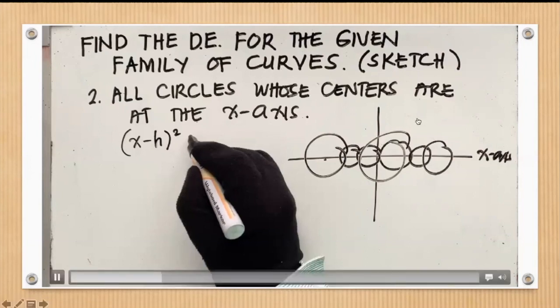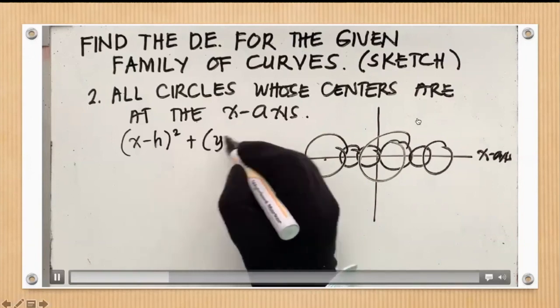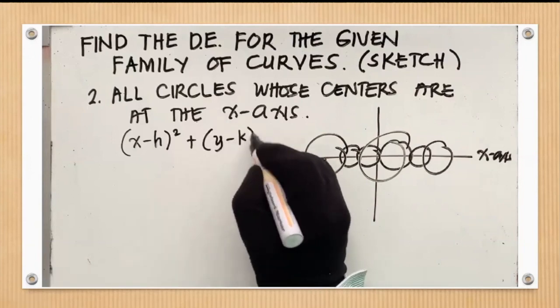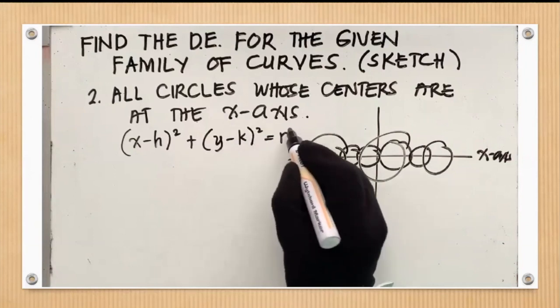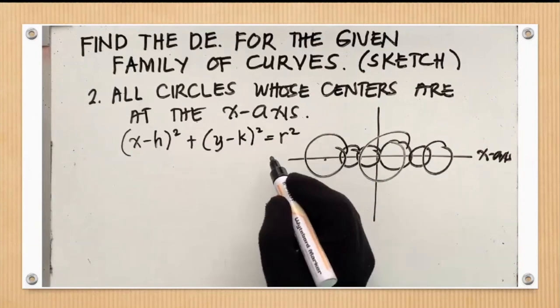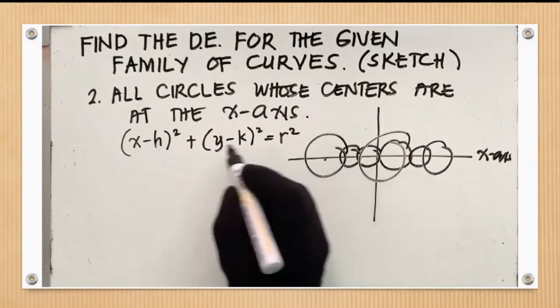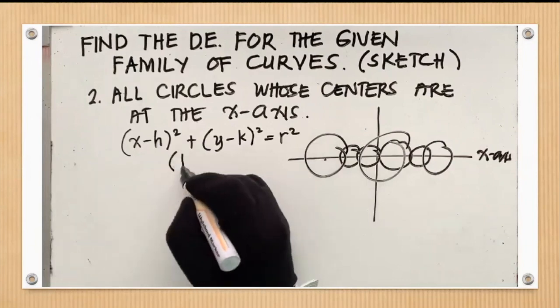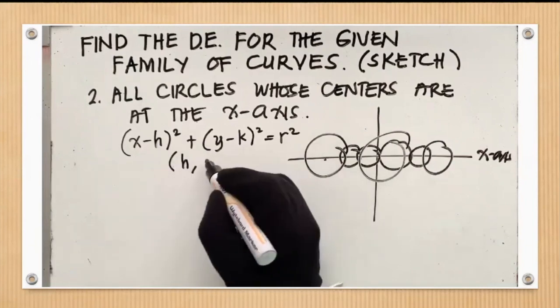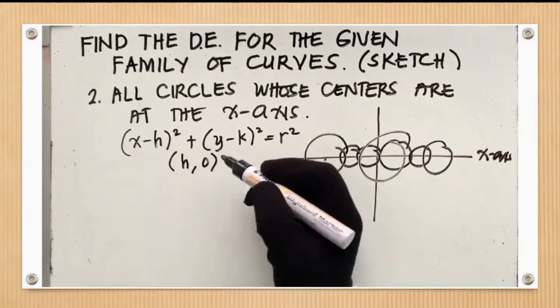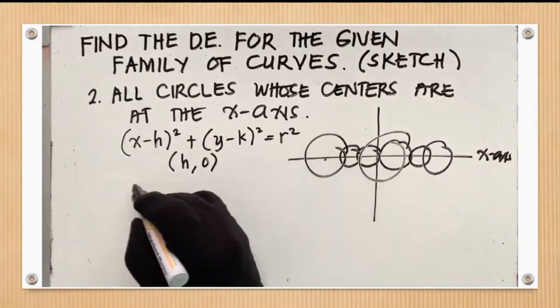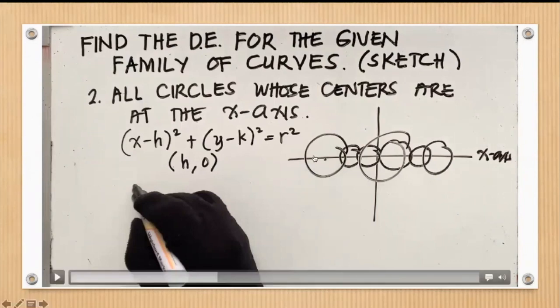Okay, so first, I'm going to write the equation of a circle kung saan yung center ay nasa (h, k). Para malaman ko kung alin dyan yung fixed or alin dyan yung isa sa mga parameters na kailangan kong i-consider. So as you can see, since nasa x-axis lahat ng center ng circle na to, ano yung fixed dito or constant na?